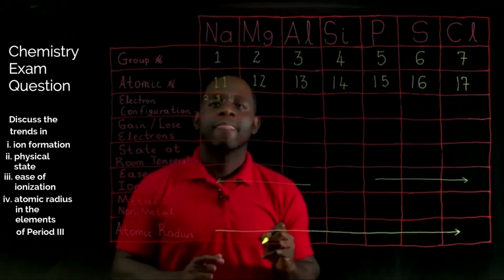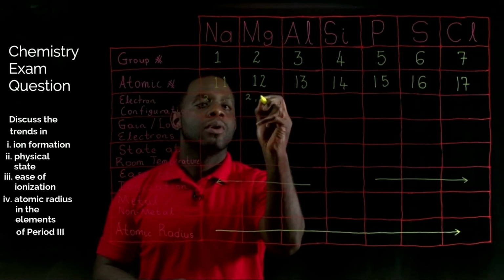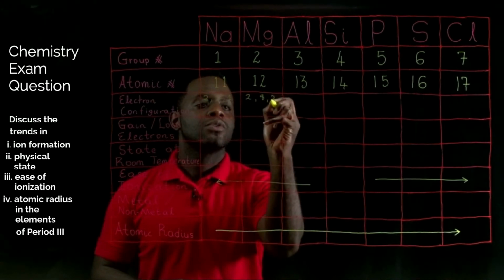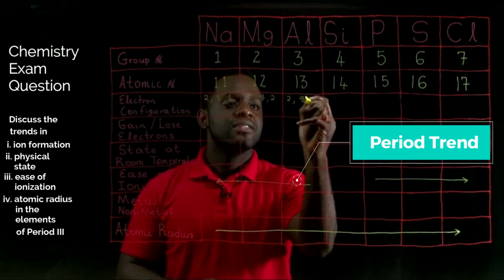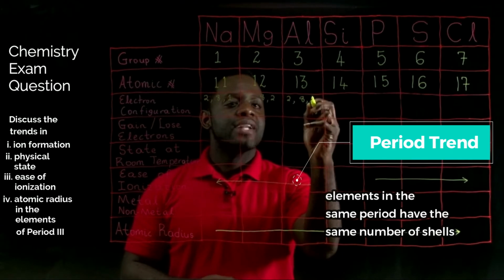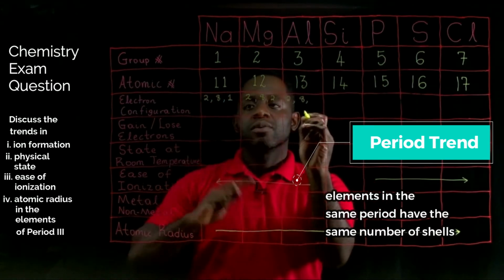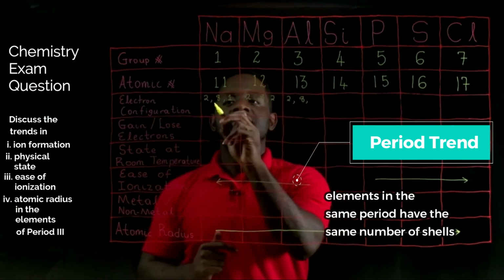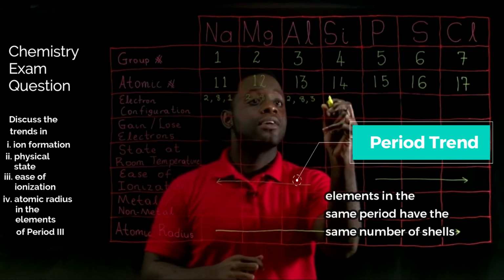That's 11. And that for magnesium will be 2, 8, 2. What we are already seeing is a trend that all of these elements in period 3, the same period, have the same number of shells. That is 3.